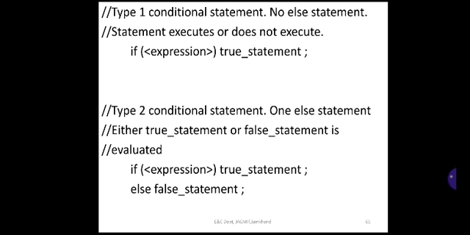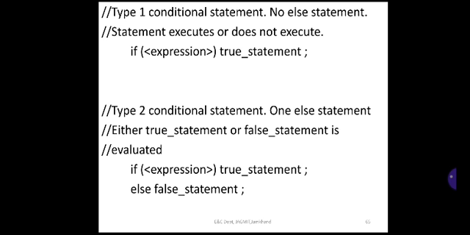In the previous case, if the condition is true, then only the following statement is executed, otherwise no statement is executed. But in this case, if the condition is true, then a statement will be executed. If it is a false statement, then the else part is executed without checking the condition.